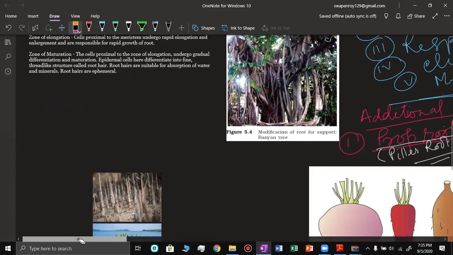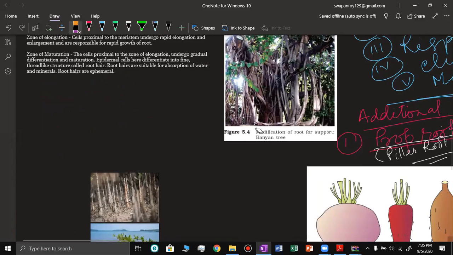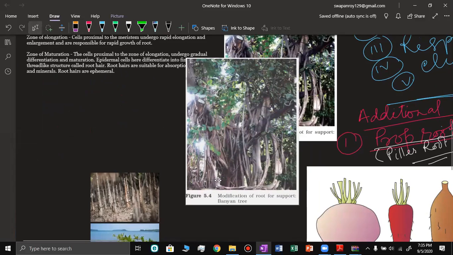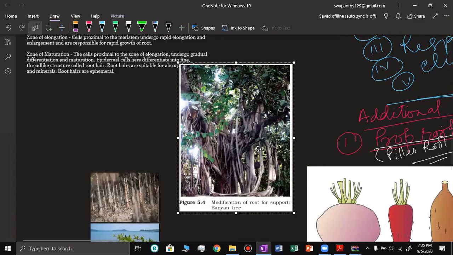Here is one of the photographs. You can see this is from your book only. This is a photograph of the banyan tree, and from here you can see that many branches are hanging and have gone inside the soil.